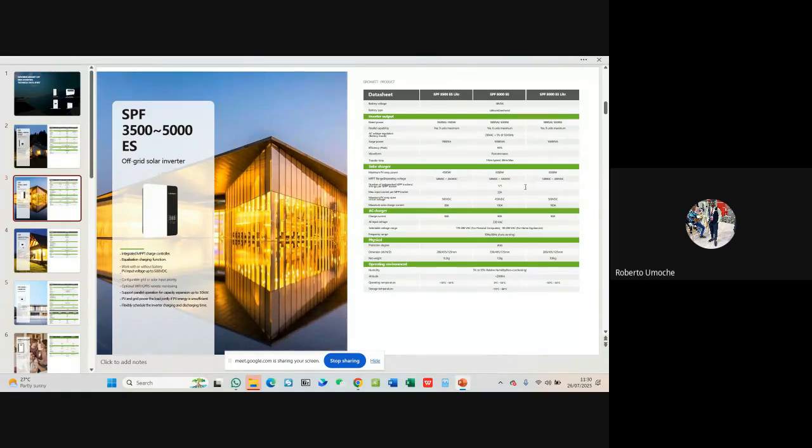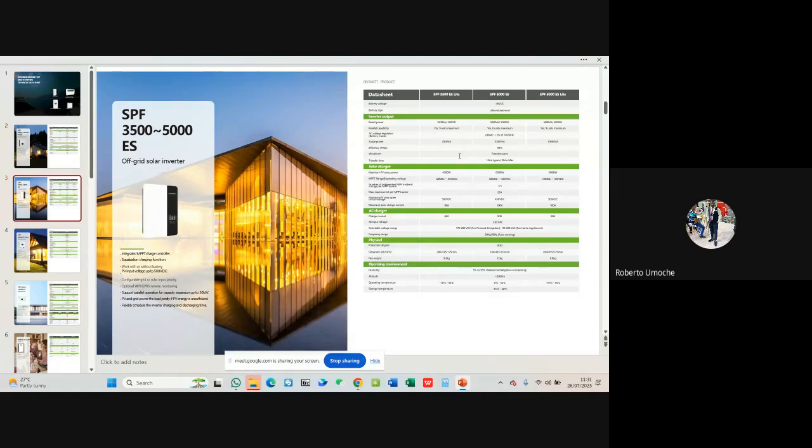This is supposed to be for the SPE series. This data sheet here is a mistake on my own part. Apologies, please. So this is supposed to be for the SPE, the one I was explaining before.